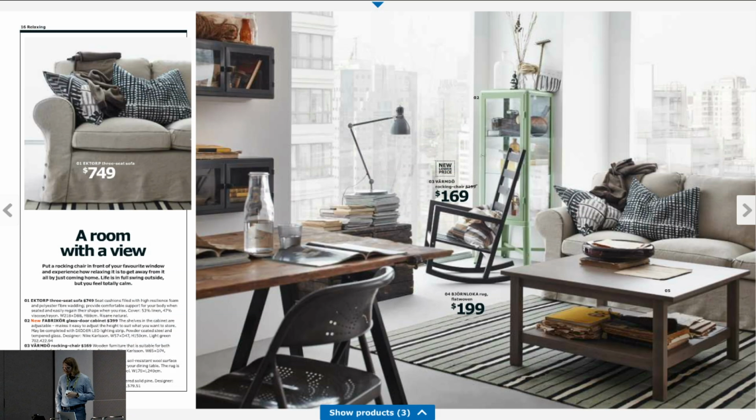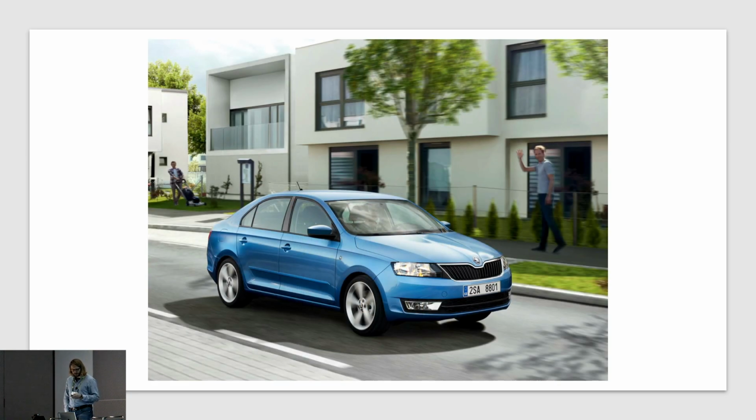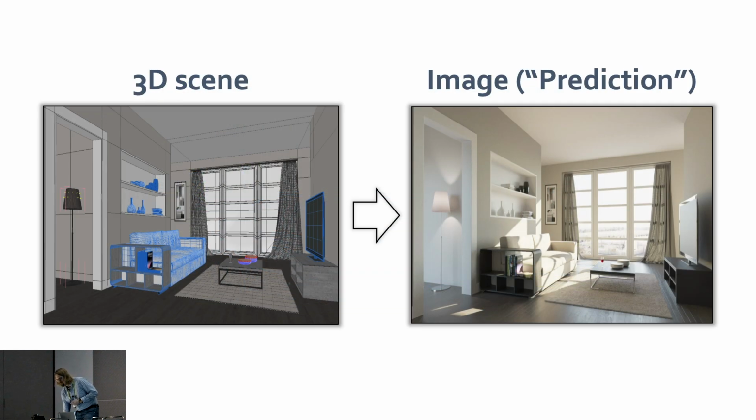IKEA is one of the prime companies that's quite open about using CG in their visuals. It started sometime in 2006, slowly, with just sneaking one chair into the catalog. It worked out, no one noticed, so they just went on, and by now about 70% of the kitchen section of the catalog is actually rendered. Of course, cars: no one would actually shoot a real car today. It's all rendered.